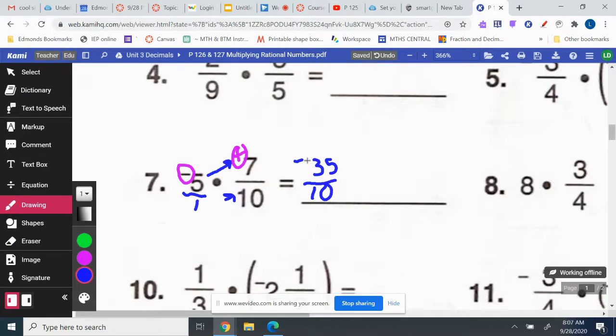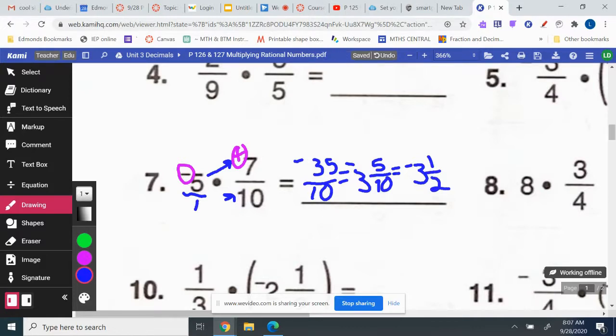I know that 10 goes into 35 3 times, so I have 3 wholes and I have 5 left over. I also know that's not in simplest form, so I have to reduce that first. I keep my whole number, and it's still negative, so I have negative 3, and 5/10 reduces down to 1/2.